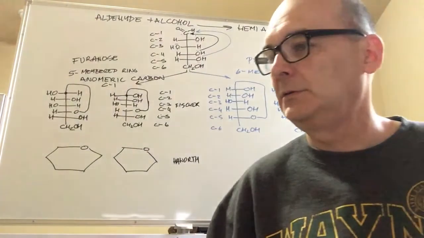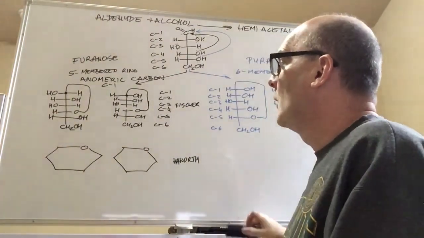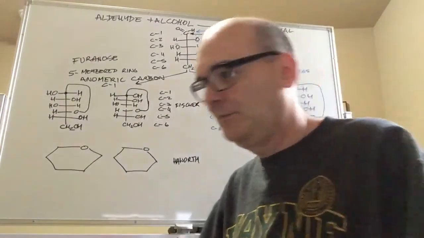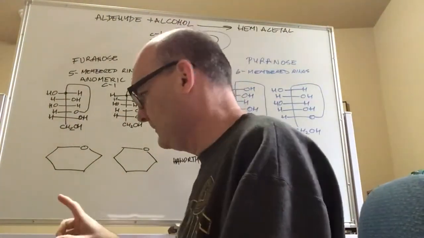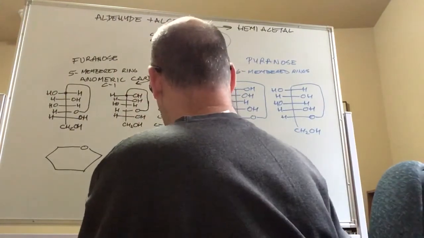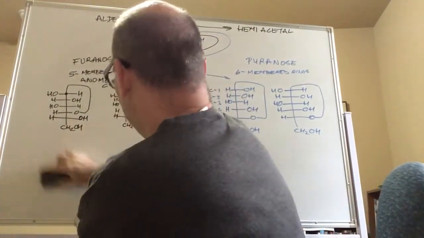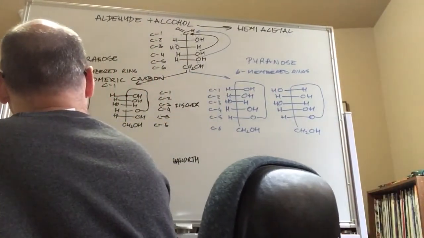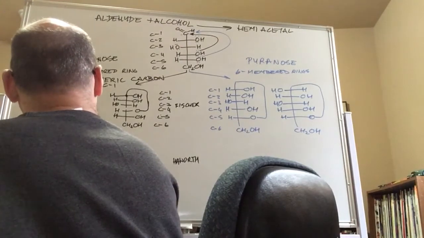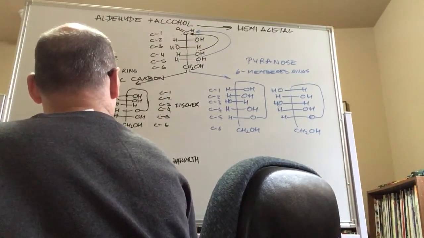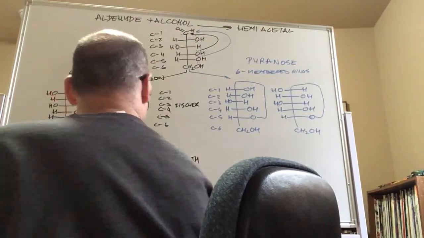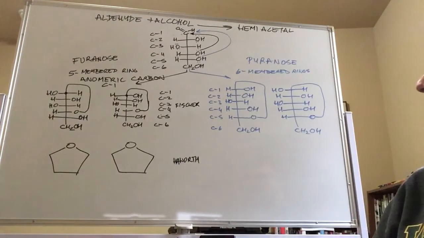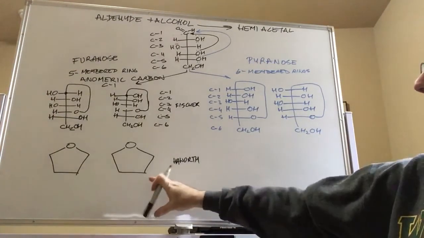Six-membered rings are going to be drawn. Oh, no. I've drawn the 6s and the 5s on the wrong side. Hold on. Five-membered rings, the furanoses, look like this.